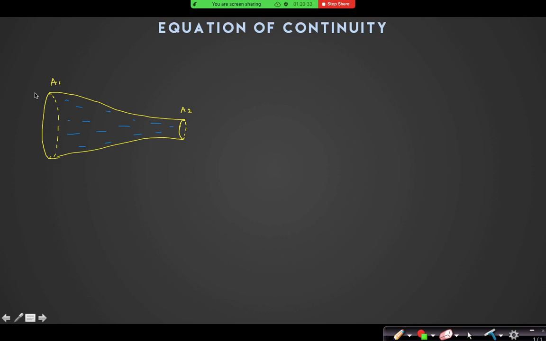Now suppose the liquid is entering this part with a velocity v1 and the same liquid is leaving this part with a velocity v2.